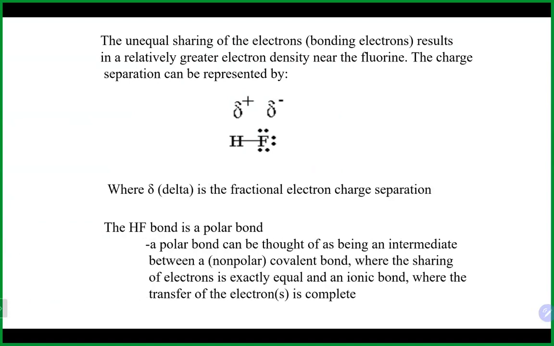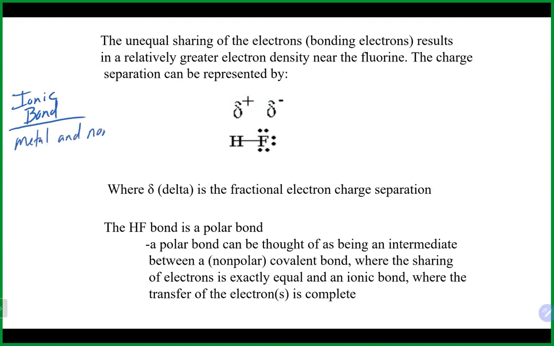All right. So to summarize the three different types of bonding we talked about up to this point, on one end of the extreme, we have an ionic bond. And an ionic bond is always between a metal and non-metal.